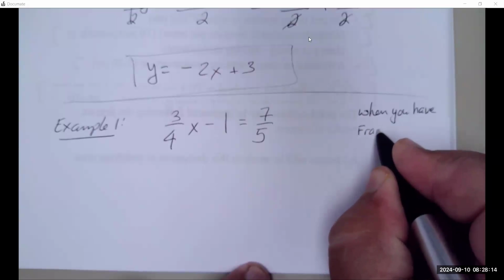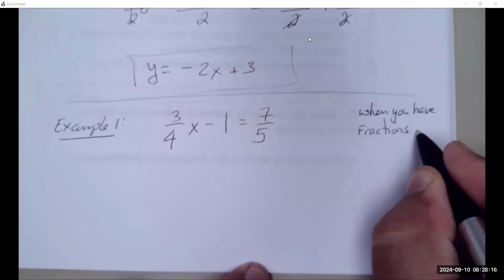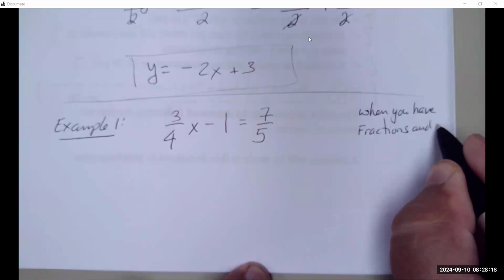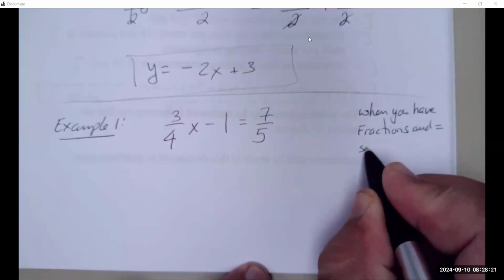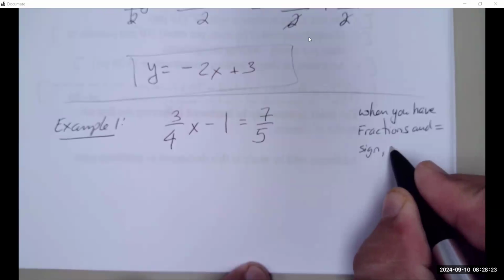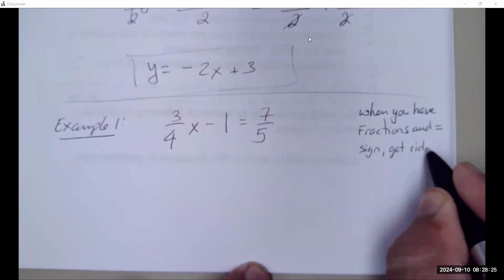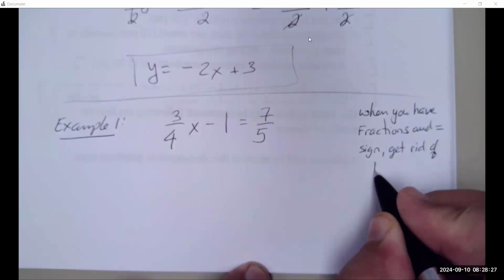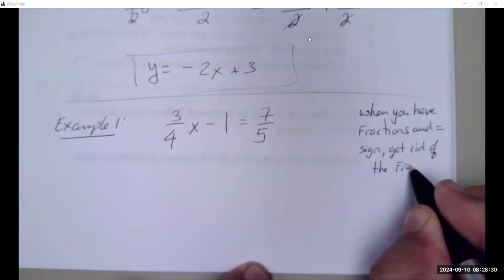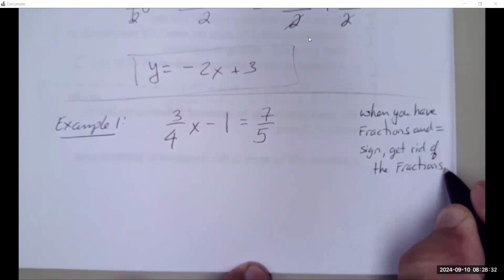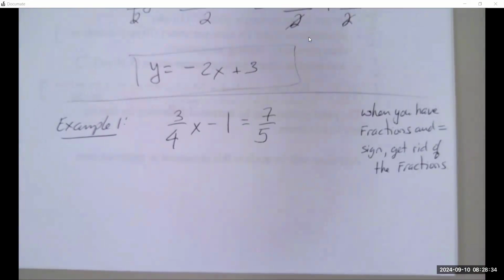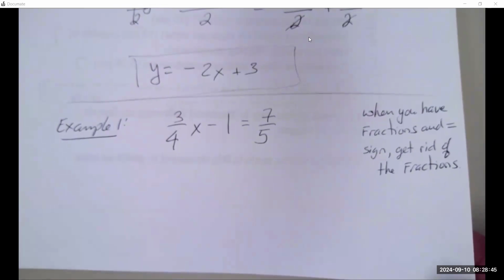You have fractions and an equal sign. Get rid of the fractions. And it's always going to involve 5 steps.